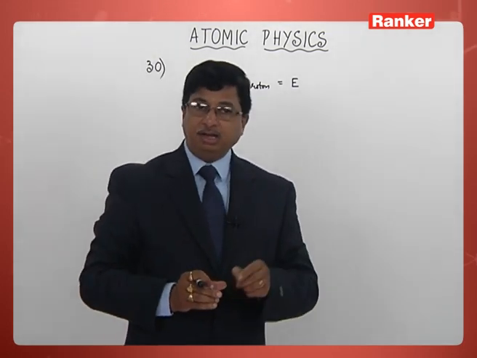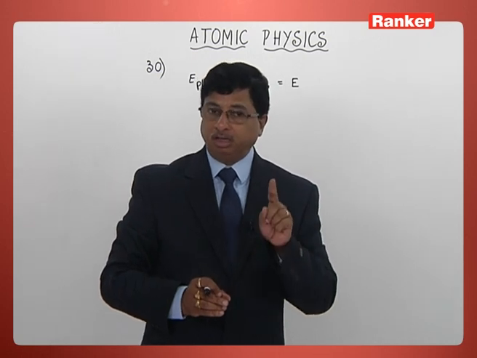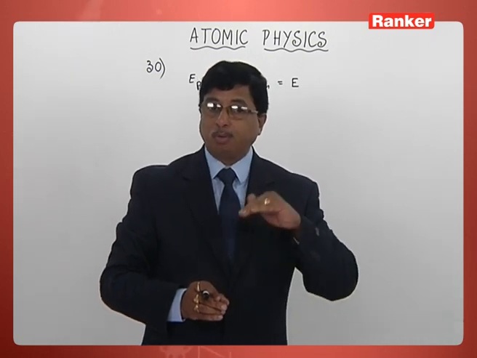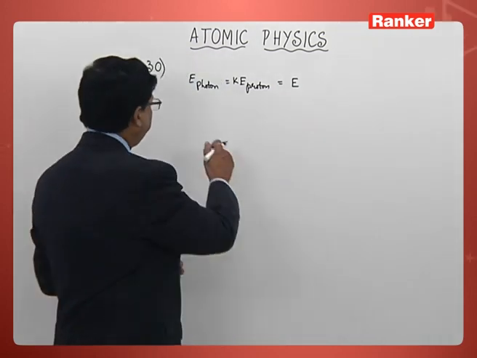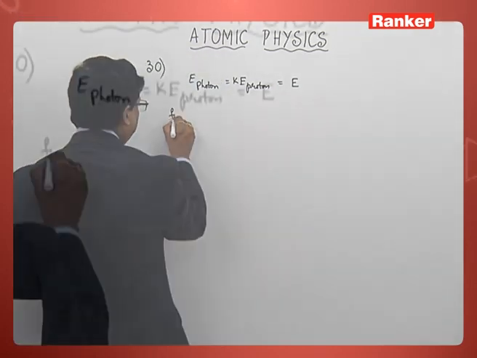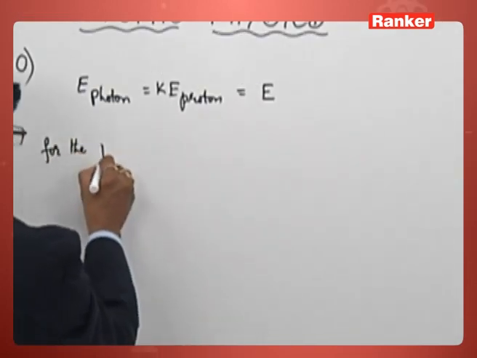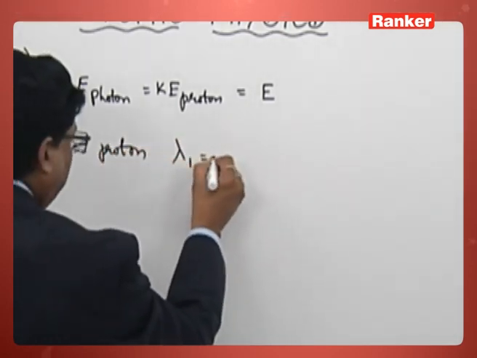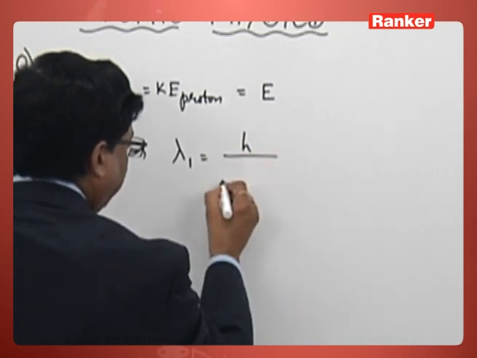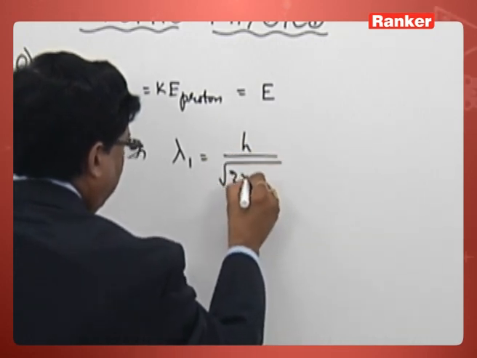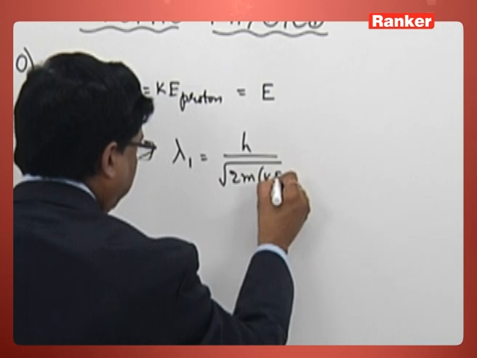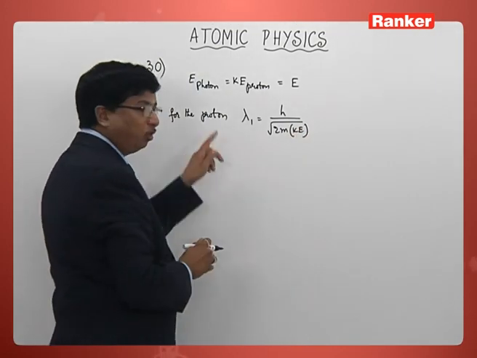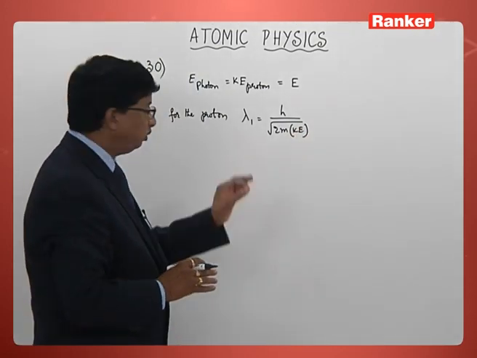Next one. Lambda 1 be the de Broglie wavelength of the proton. So let us write first of all for the proton what has been given to us. Lambda 1 is equal to h by root of 2m into kinetic energy. I am talking of proton, please. Observe the wording.